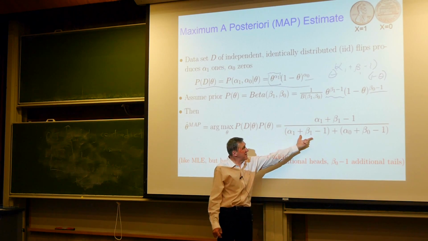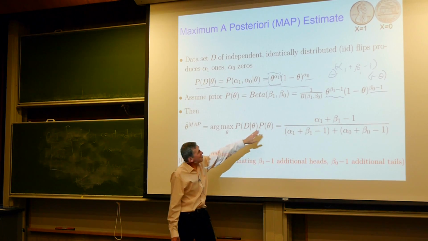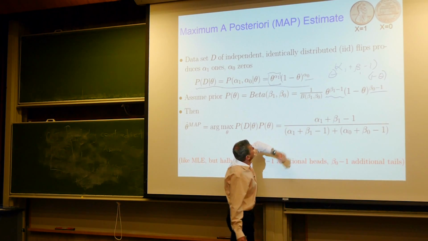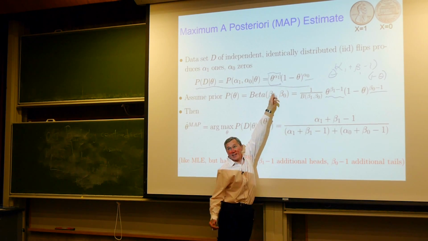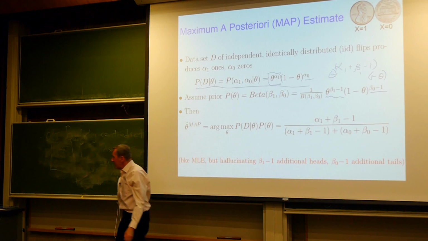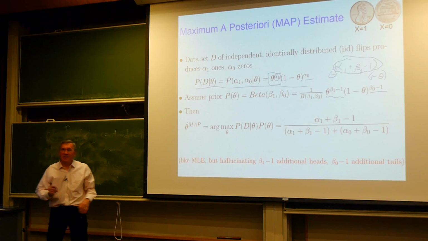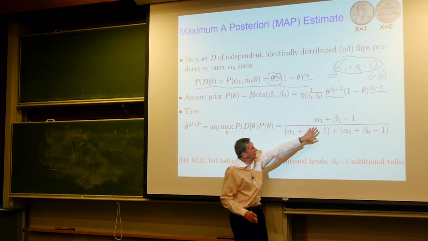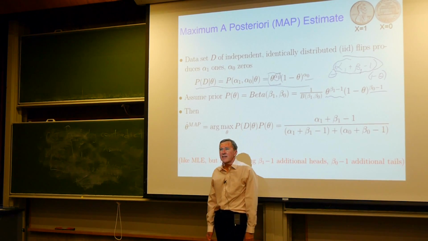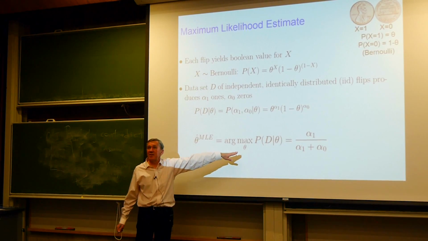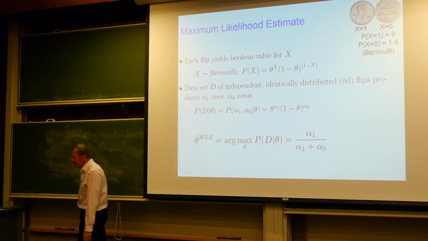The reason this looks so much like the MLE estimate is because the mathematical form of this times the data likelihood is very similar to the data likelihood expression itself, except that alpha 1 here, for example, is now replaced by alpha 1 plus beta 1 minus 1. And so that's why it shows up here instead of just this, as we saw in the maximum likelihood estimate.